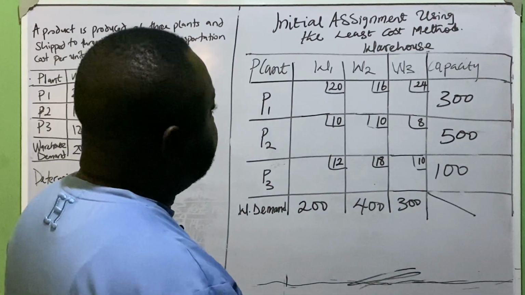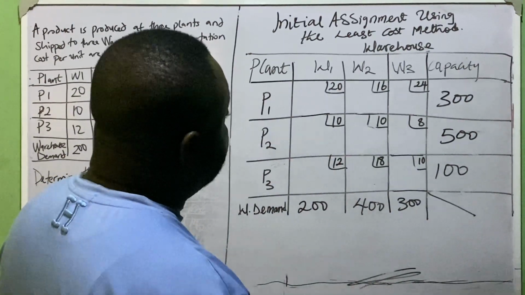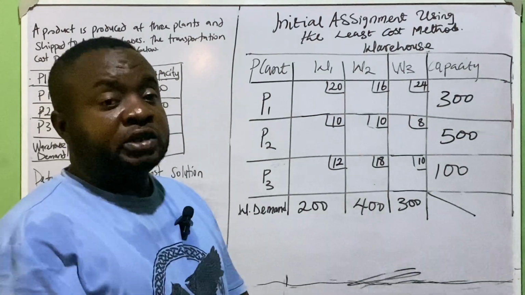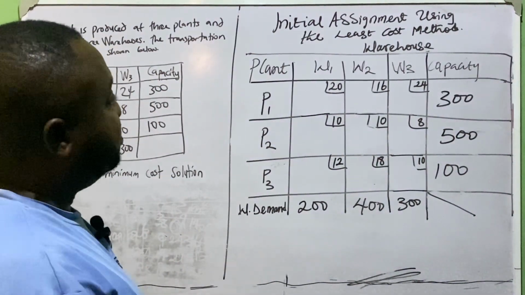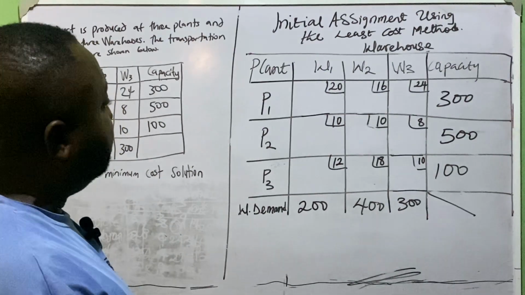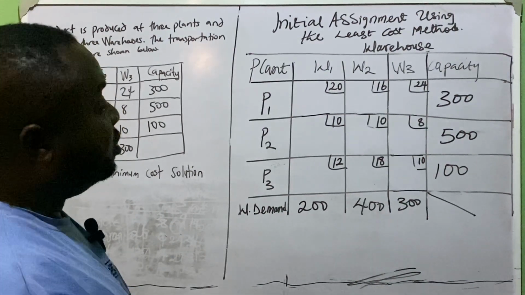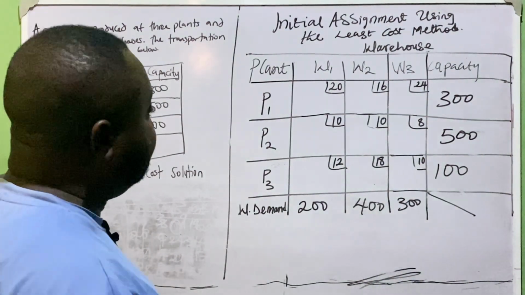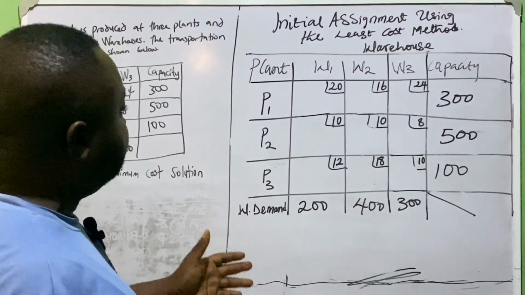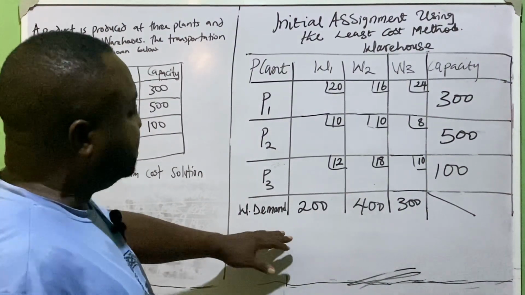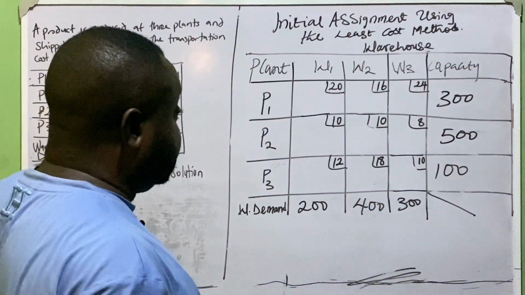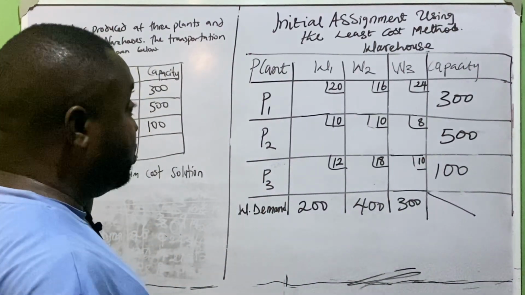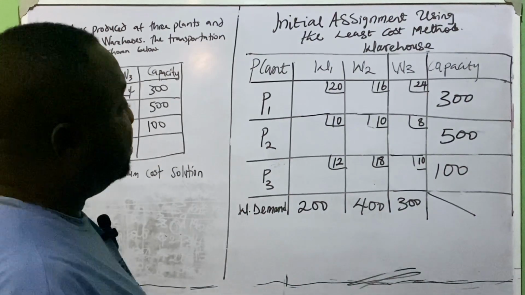So that satisfies the major conditions that must be available for the transportation algorithm to run. The capacity of the plants, which is also known as the source, must be established, and the demand capacity, which is also known as the destination, must also be established. And the unit cost must be well known. So all those things are present here.